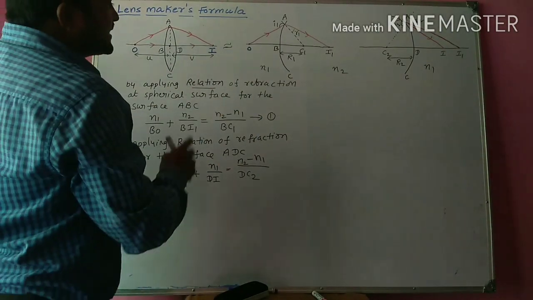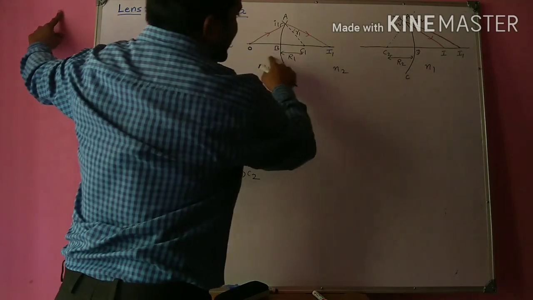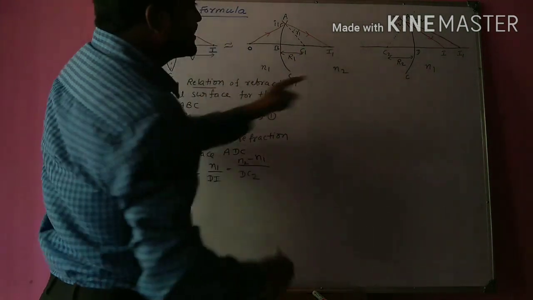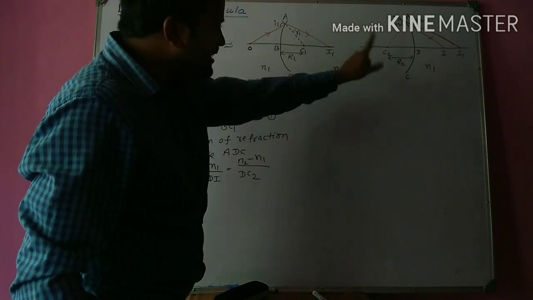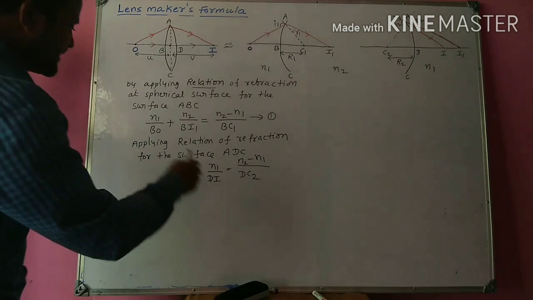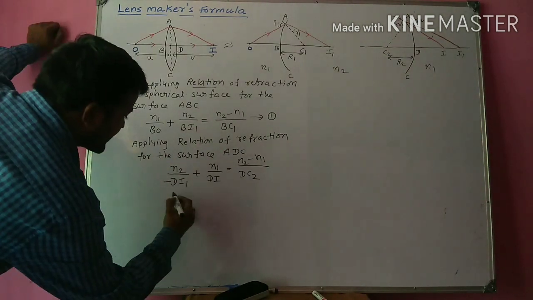Now see that DI1 can be taken as BI1. DI1 and BI1 both are the same if the lens is a thin lens. That means in place of this DI1 you can write BI1.